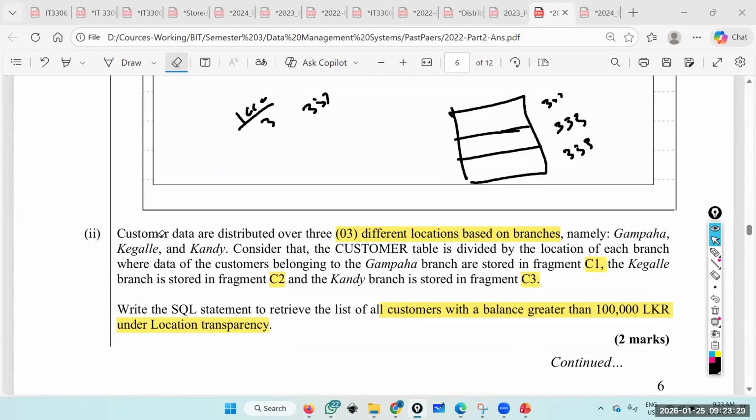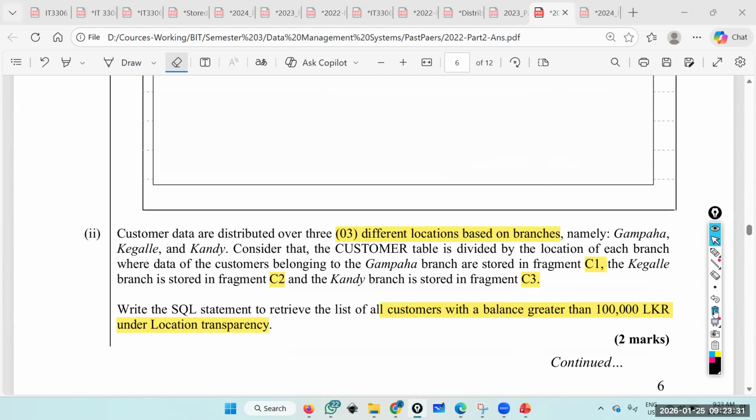Right. So second part, customer data. Customer data are distributed over three different locations based on branches, namely Gampaha, Kegol, Kandy.